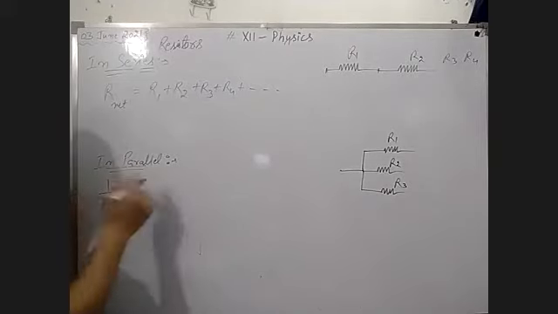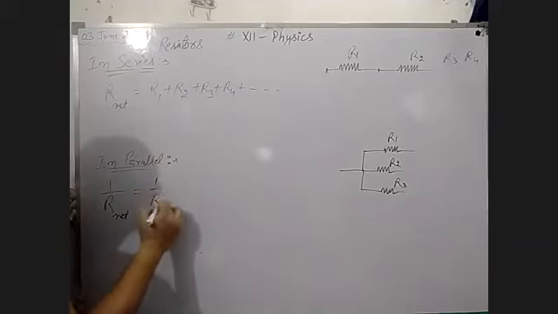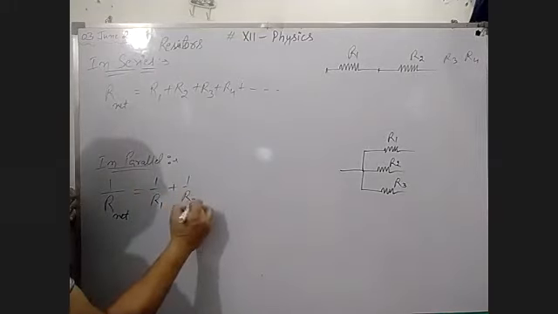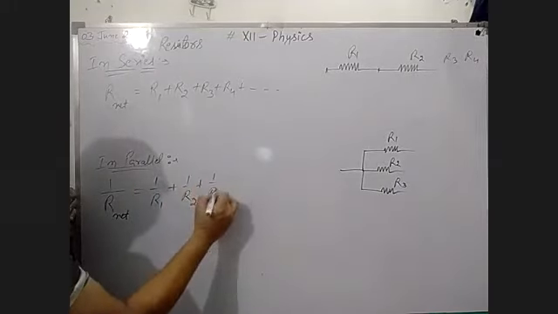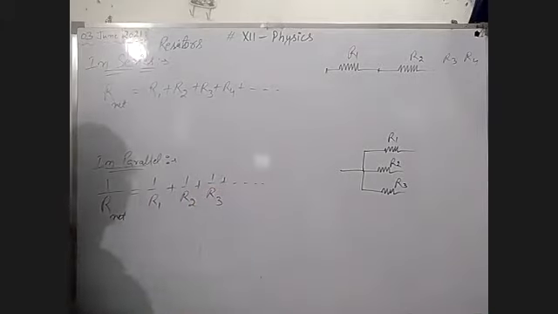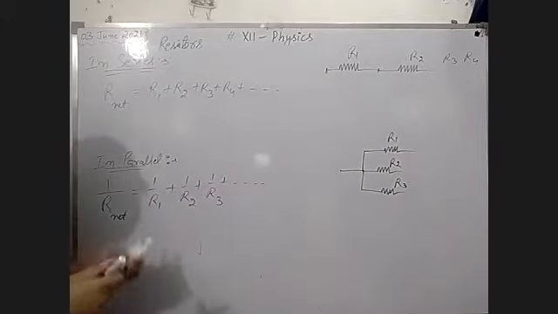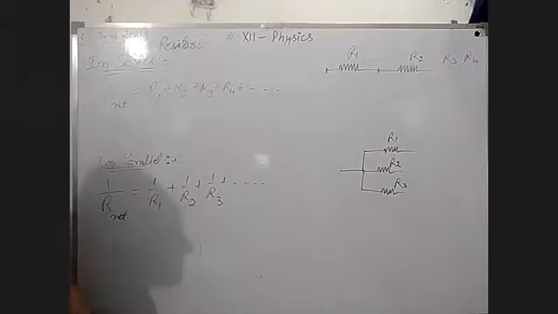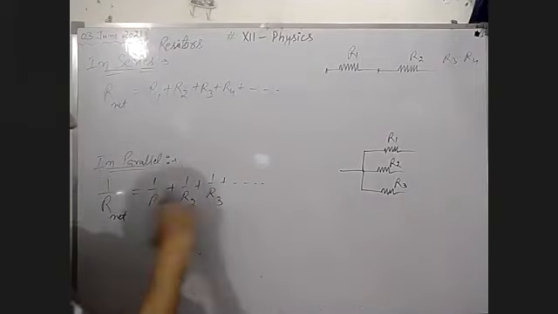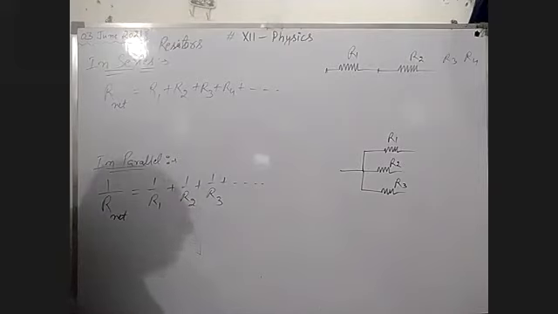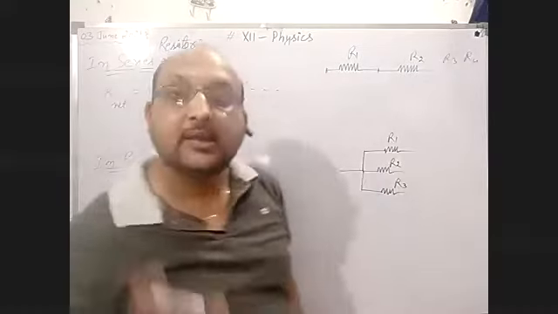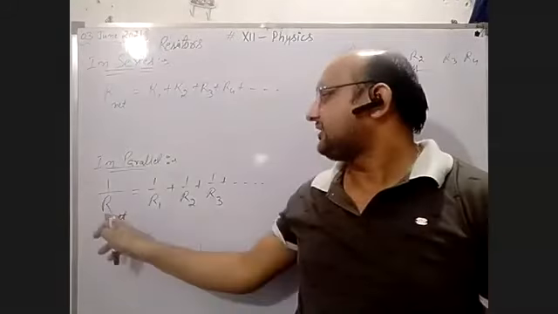Now, in the parallel condition, we can calculate the net equivalent resistance in this way. We have to take the sum of reciprocals of all individual resistors. But it gives the value of the reciprocal of the net equivalent resistance.